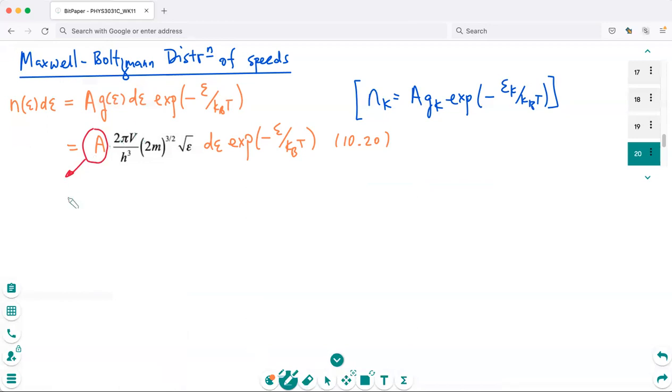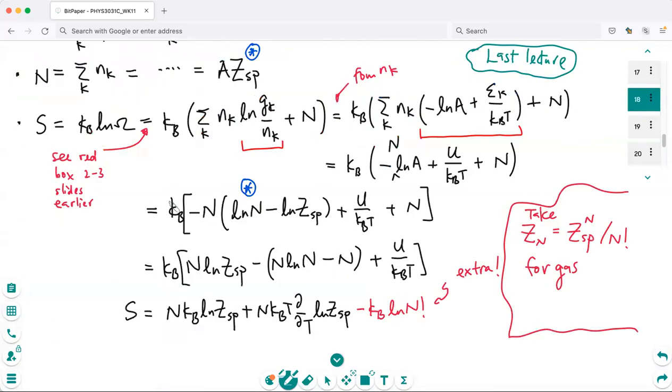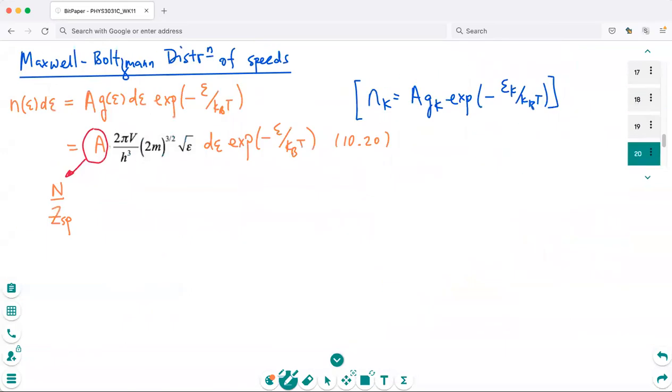So this A can be written as N divided by the partition function. Actually, here, the first line here, N is related to the single particle partition function like this. So A is N divided by Z.